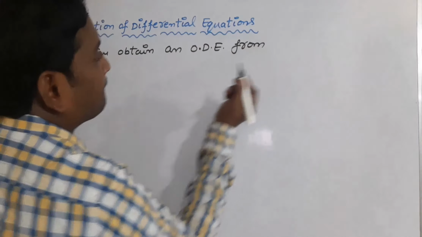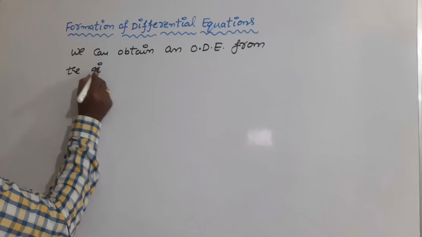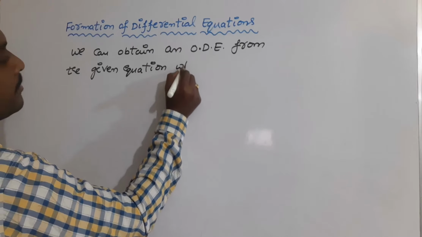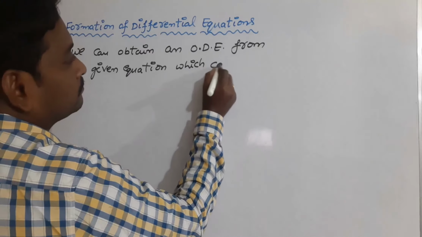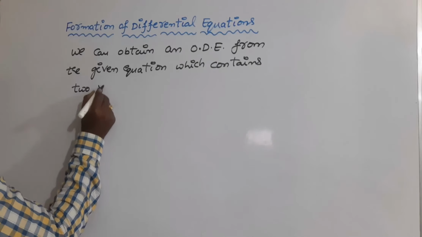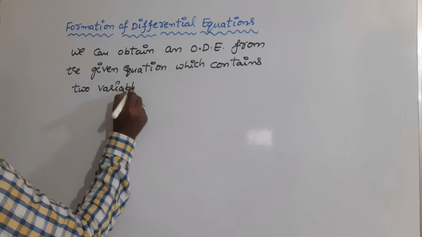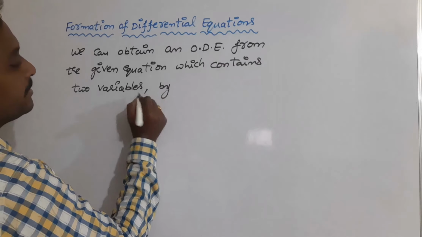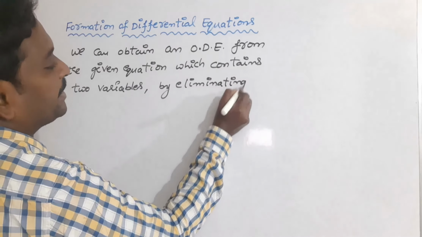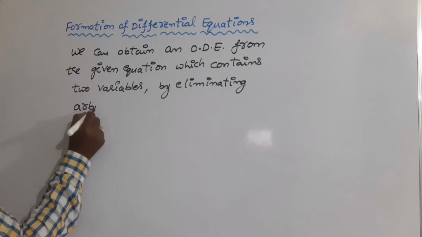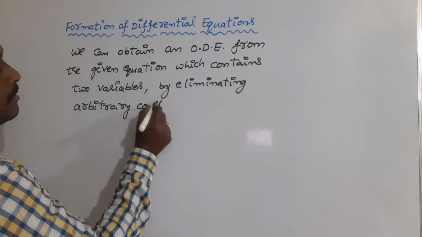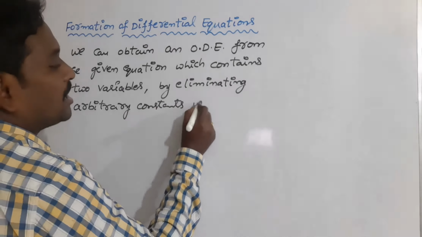From the given equation, which contains two variables, most probably x and y, by eliminating parameters or arbitrary constants. Parameters are also known as arbitrary constants which are involved in the given equation.